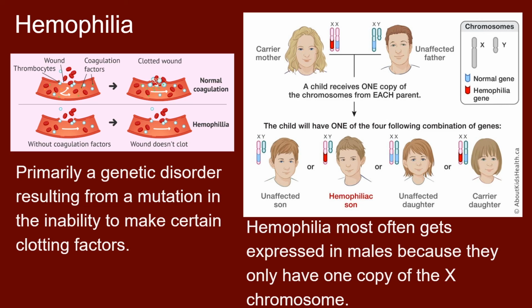Interestingly, because females actually have 2 copies of the X chromosome, if one has the mutation, the other can be used to supplement the clotting factor's synthesis. Males, on the other hand, only have 1 copy of the X chromosome because their other sex chromosome is the Y chromosome. Thus, males have an increased likelihood of expressing the disease even if their parents are just the carriers, aka they do not express the disease themselves.